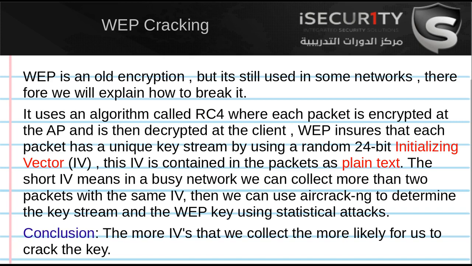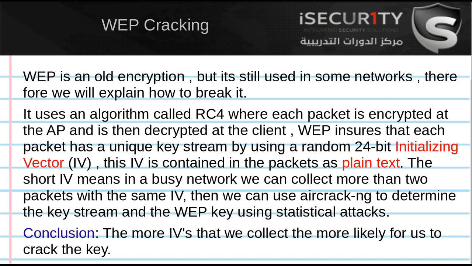Once we have two packets that have the same initialization vector, aircrack-ng can be used. It'll use statistical attacks to determine the key stream, and after that it will be able to determine the WEP key.